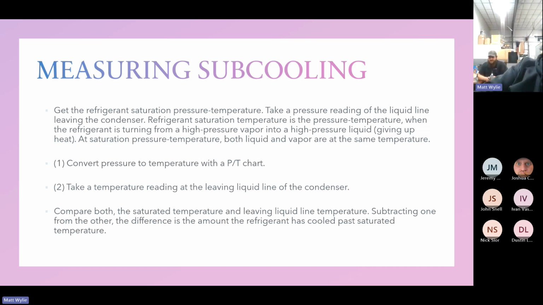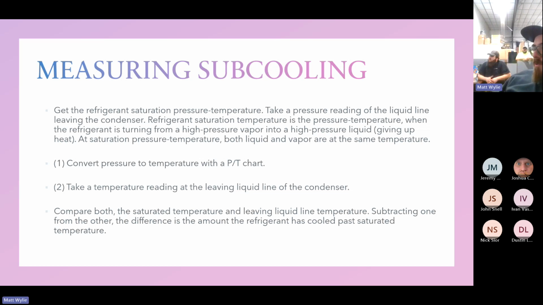Take a temperature reading at the pipe leaving the liquid line of the condenser. Compare both the saturation temperature and the leaving liquid line temperature. Subtracting one from the other gives the amount the refrigerant has cooled past saturation temperature.